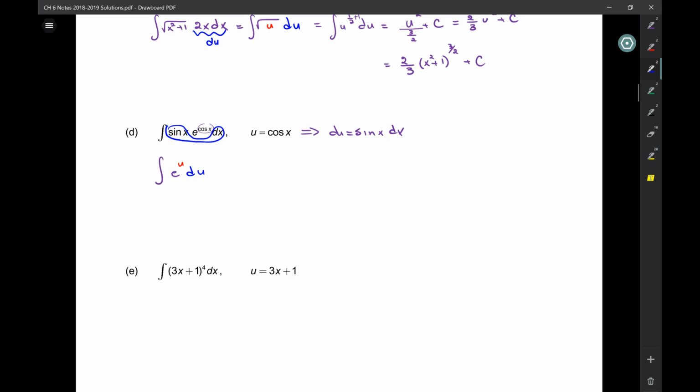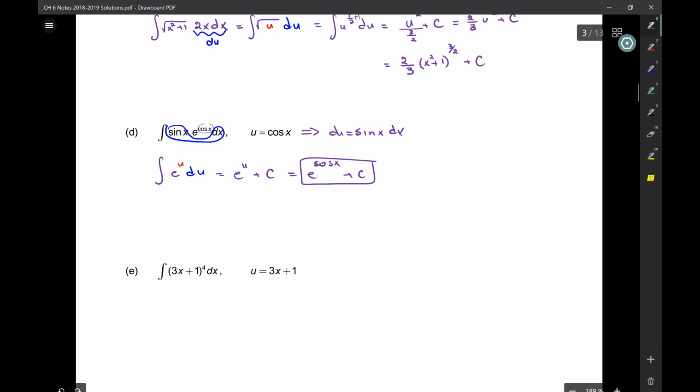Because what's the derivative of sine? It's like going backward. Okay, this is the integral. So then this is going to be e to the u plus c, e to the cosine x plus c.